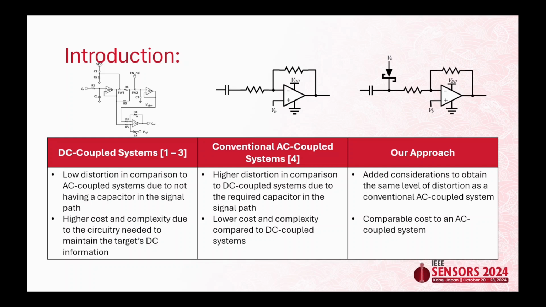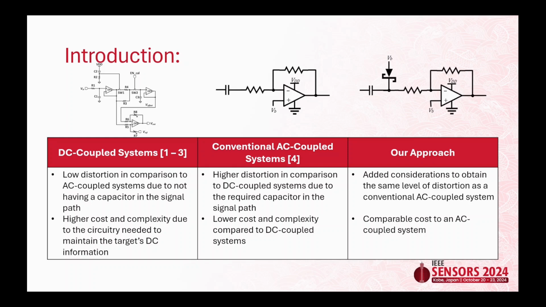The drawback in that kind of architecture is the increase in complexity and price compared to more simplistic, less complex architectures. In most cases, people use AC coupled, which is in the middle.